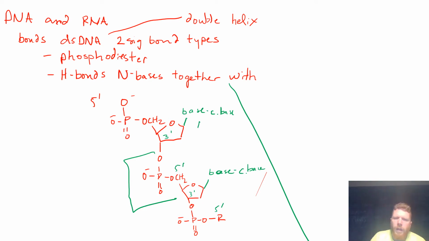So A would bind to T, and G would bind to C, and so on. What's important about these bases is these are hydrogen bonds that stabilize these.